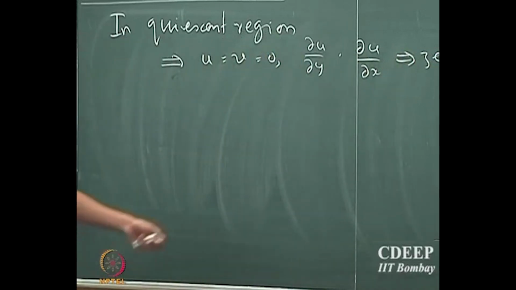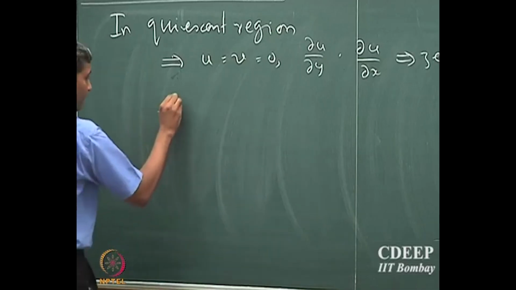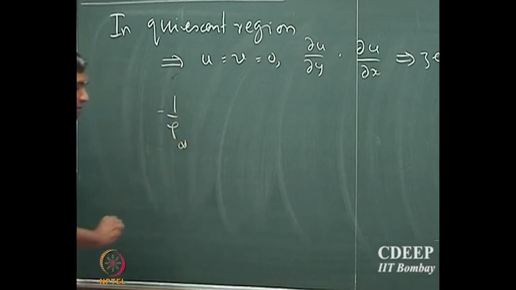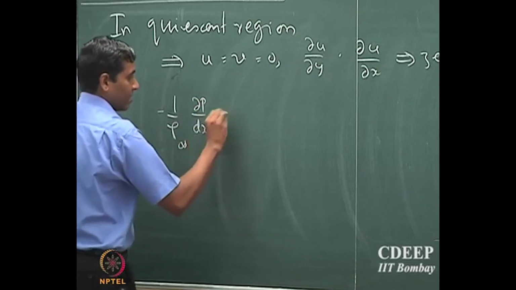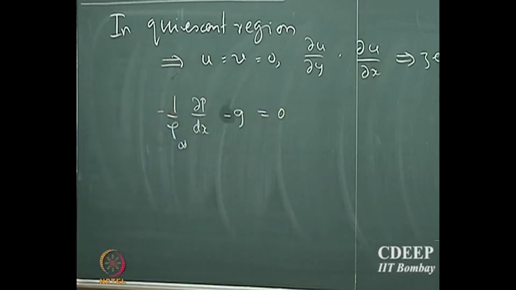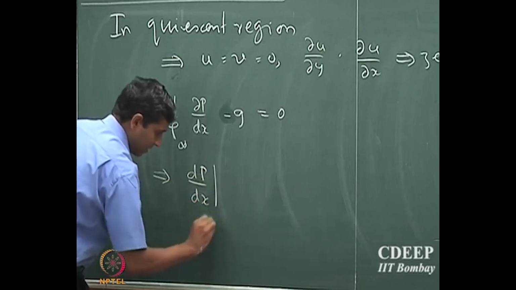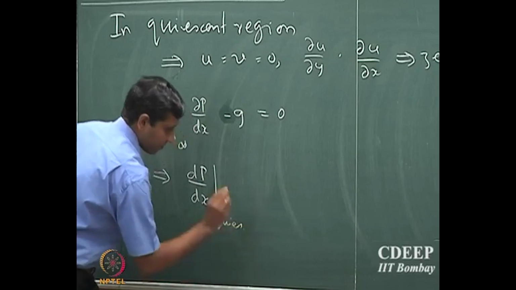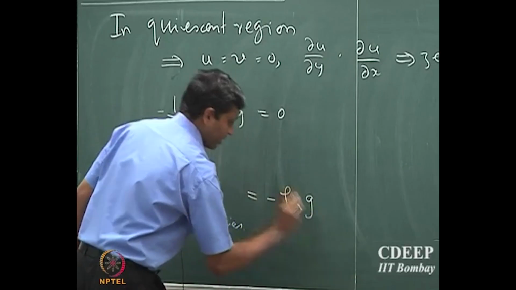So therefore, the X momentum balance simply reduces to minus 1 by rho infinity, if rho infinity is the density of the fluid in the quiescent region, dp by dx minus g equal to 0. So from here you can say that dp by dx in the quiescent region should be equal to minus rho infinity into g.